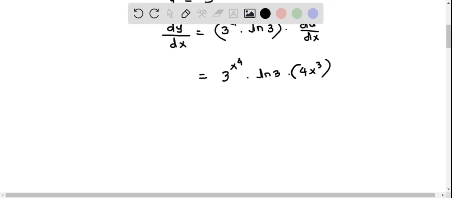We can write this in simple form. I'm going to put this in front. So it will be 4x^3 times 3^(x^4) times the natural logarithm of 3. All three quantities are different, so we can include them in brackets. So this is the derivative of y.